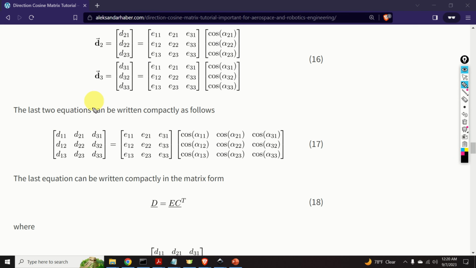Next, let's call this matrix D underline. This matrix is formed by taking the unit vectors D1, D2, and D3 and stacking them column-wise. Next, let's call this matrix E underline.